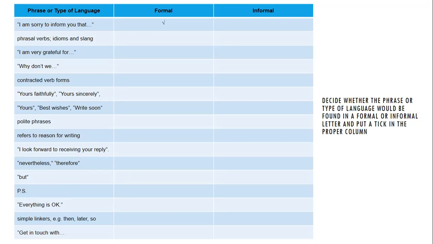Ya, postscript. Ya, jadi script tambahan ya. Kayak NB kalau dalam bahasa Indonesia ya. Postscript. Everything is okay. Informal.